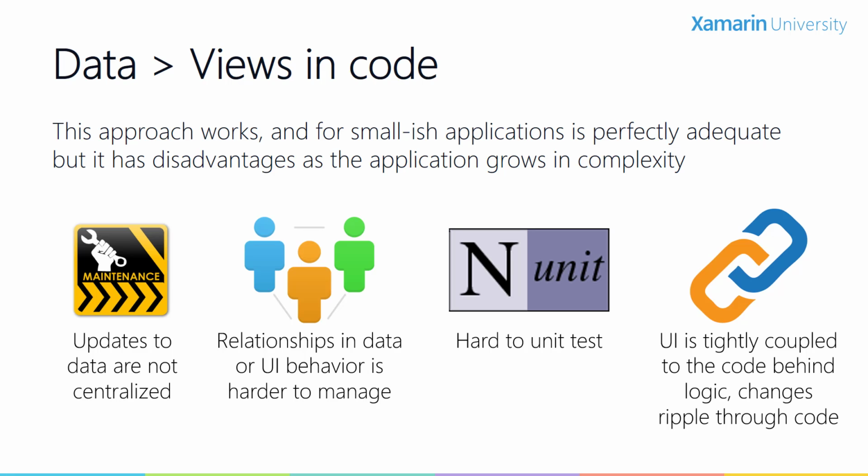There could be times where we have to make updates in multiple places in our code behind. And this even happened in our trivia application. There are a few spots where we change the text of labels, and we also change the isEnabled property of the buttons. Another problem that we have is testability. We have a bunch of logic inside our code behind file that we would probably like to unit test.